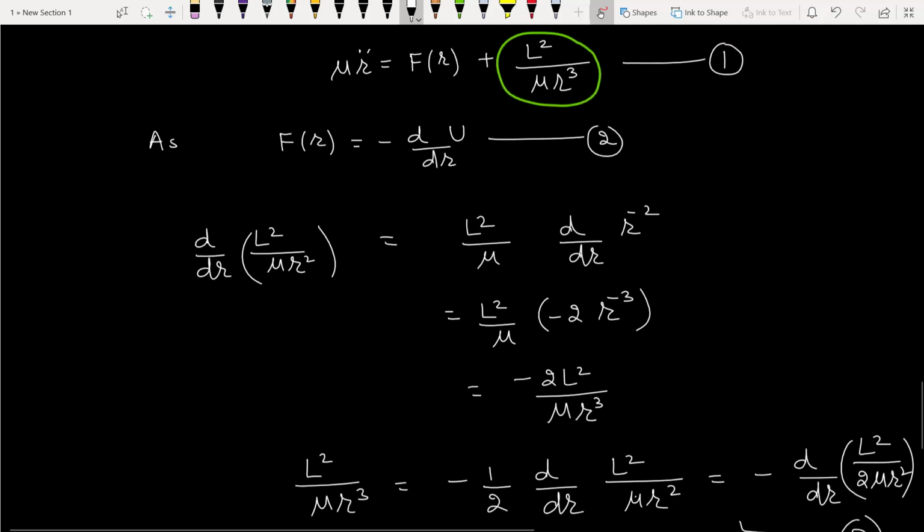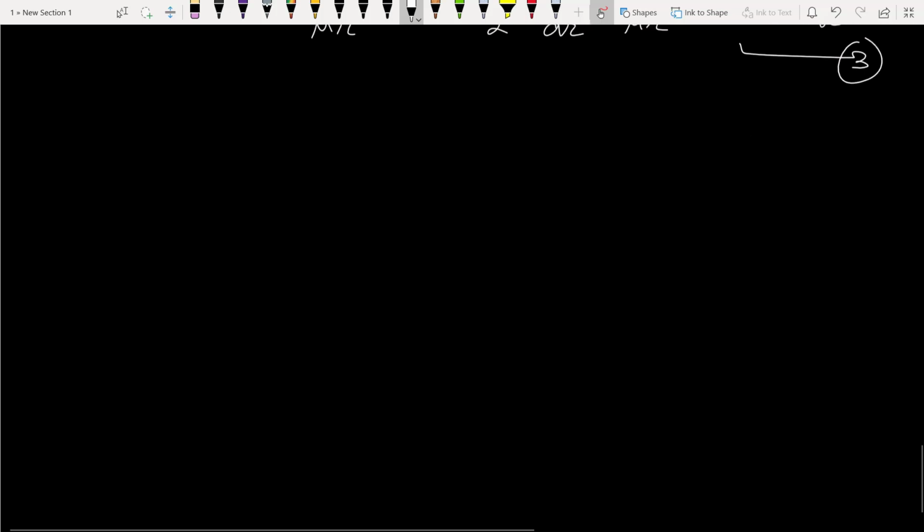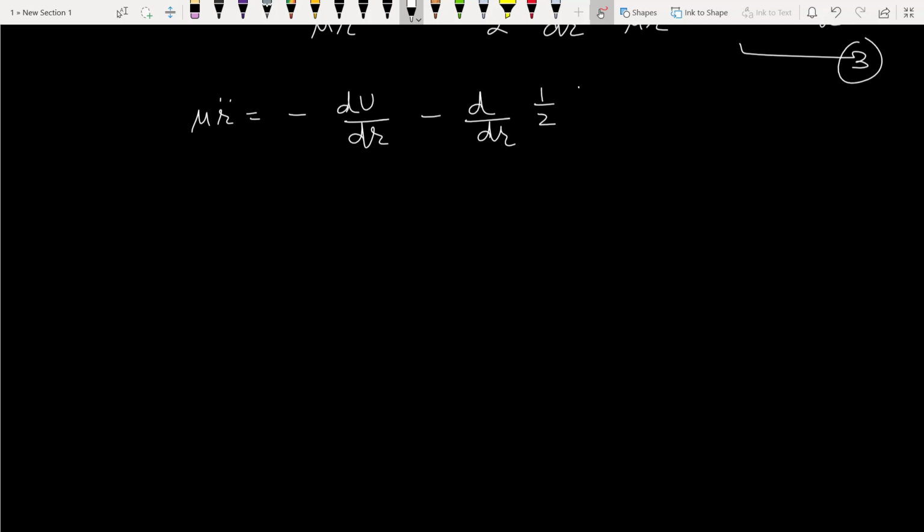When we substitute the value of Fr from equation 2, and L square upon mu r cube from equation 3, in equation number 1, we get mu r double dot equal to minus dU by dr minus d by dr of half L square upon mu r square.